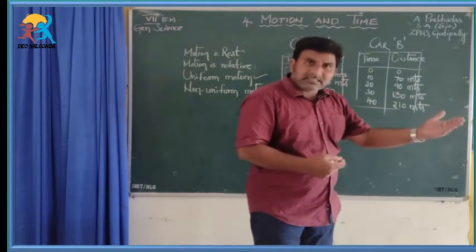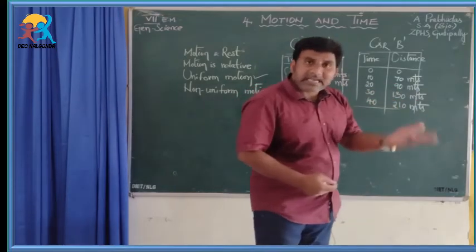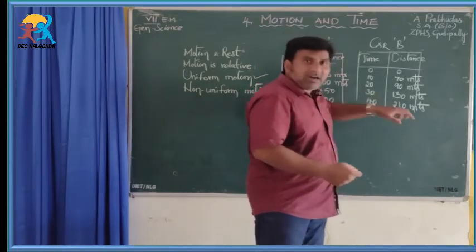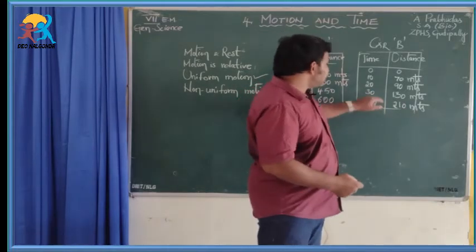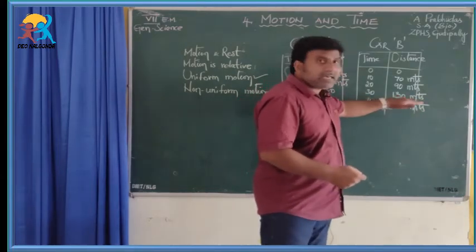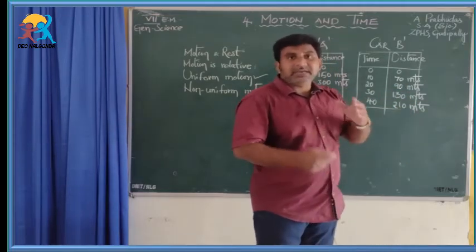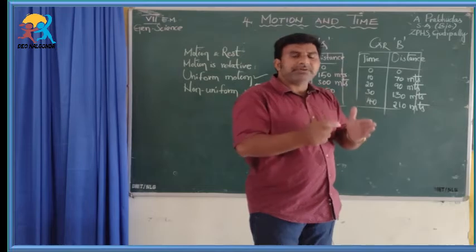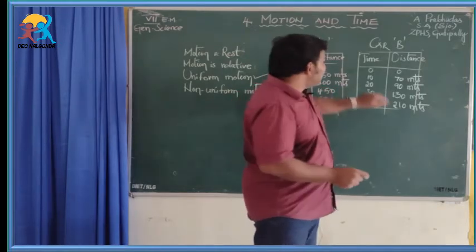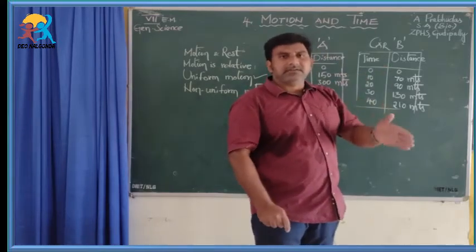Again after 10 seconds the distance travelled by the car is 90 meters. And again after 30 seconds the distance travelled by the car is 130 meters. We are not taking the total distance, we are taking the distance covered by the car at each interval of time. After every 10 seconds we are calculating the distance travelled by the car.